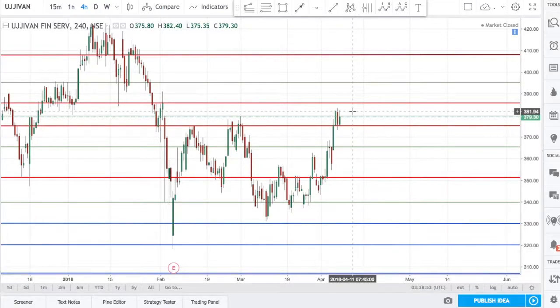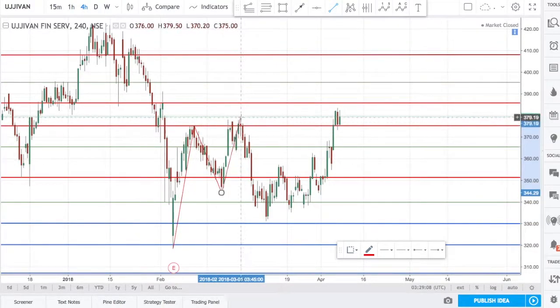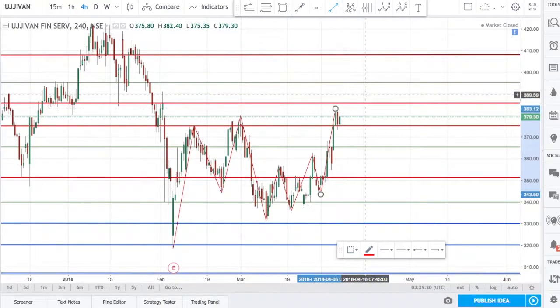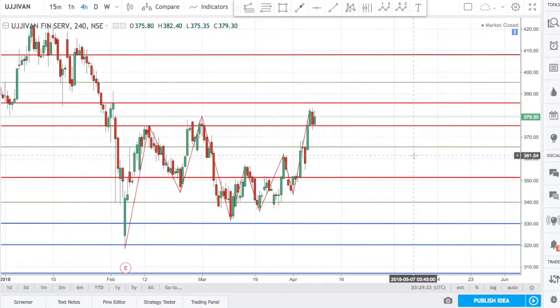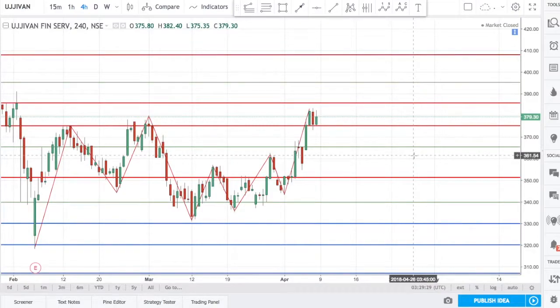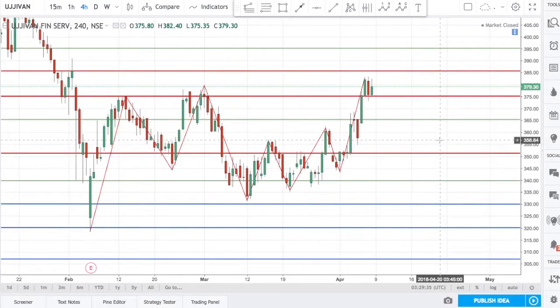So if you draw lines connecting the end of each move, it looks something like this.